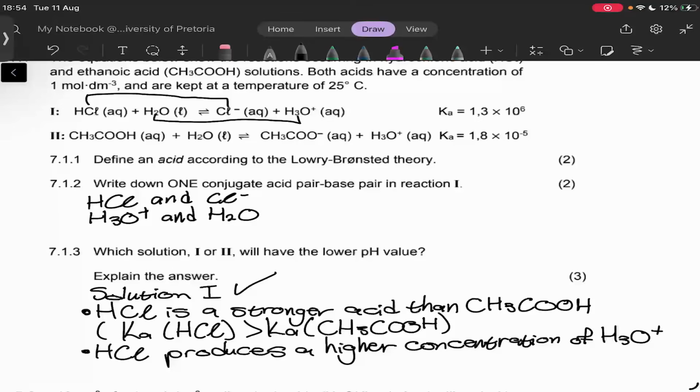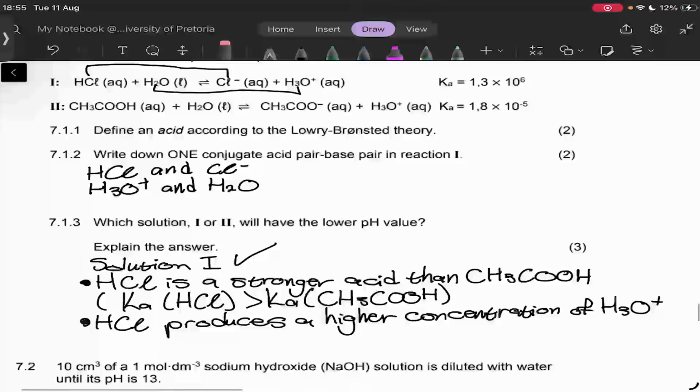Yeah, and that's what we have. Hopefully, you guys have become accustomed with the list of strong and weak acids and bases, and that would prove useful in a question like this. But they've also given us the Ka values over here, the ionization constant values, to substantiate our answers as well.